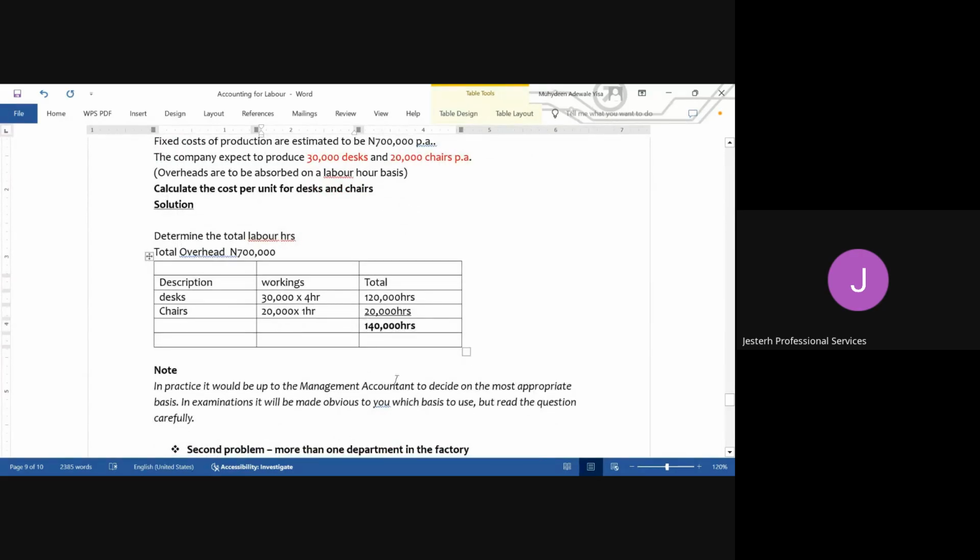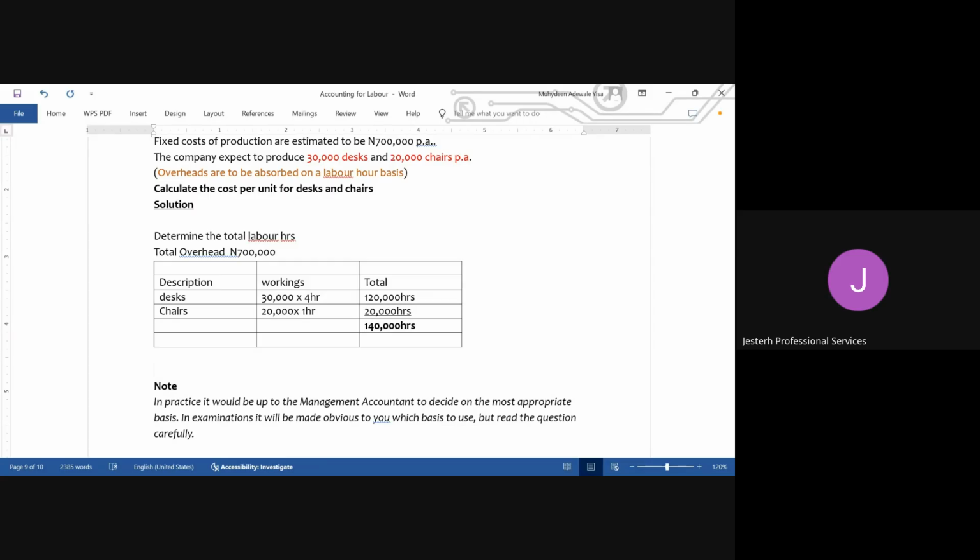Now, we have determined the total labor hours. And then the question says our overhead is going to be absorbed based on these labor hours. And we have already determined our labor hours to be 140,000. Now we want to absorb this overhead to know how much is going to be per unit of these products that we want to produce. Now you come here, you say overhead absorption rates.